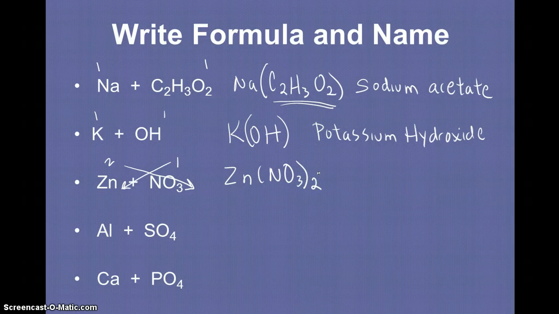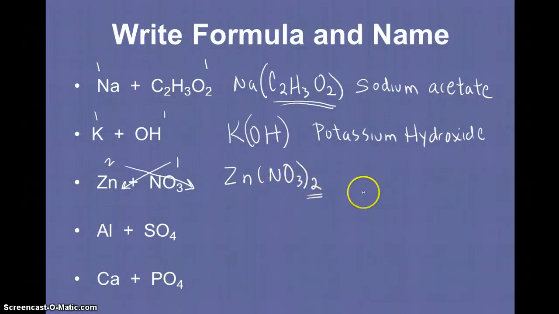This is what I was talking about as far as needing the parentheses, most definitely here, because you have the subscript outside here. So this is actually telling me I have 6 oxygen, 2 times 3, and 2 nitrogen, still only having 1 zinc. So again, the subscript on the outside of the parentheses multiplies times everything inside these parentheses, now giving us 6 oxygen and 2 nitrogen.